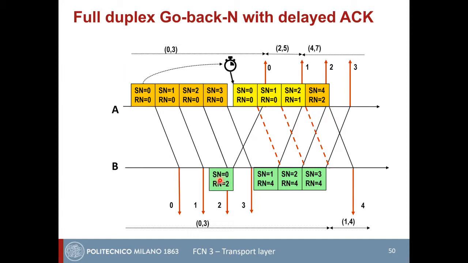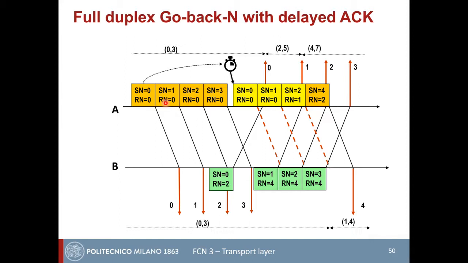And so this message, Sn equal to 0, with the acknowledgement number Rn equal to 2, arrives in A too late, because in the meantime, the timeout on the first frame, Sn equal to 0, has already expired.